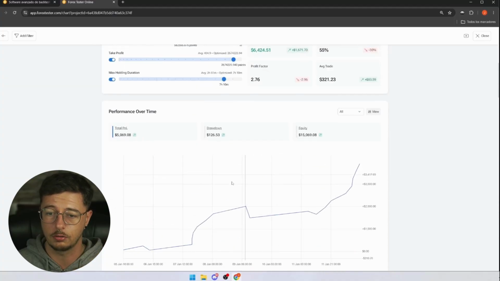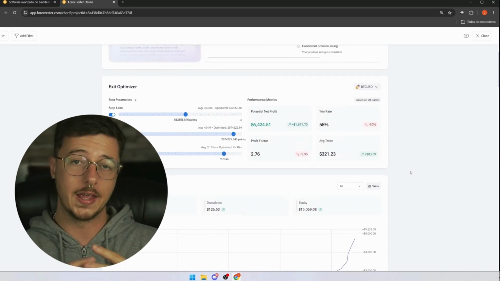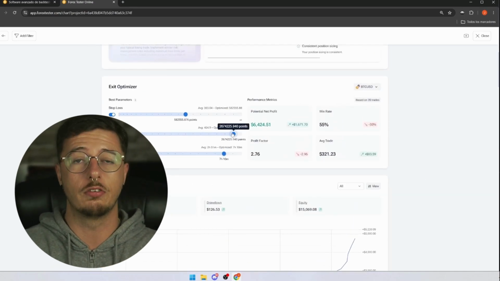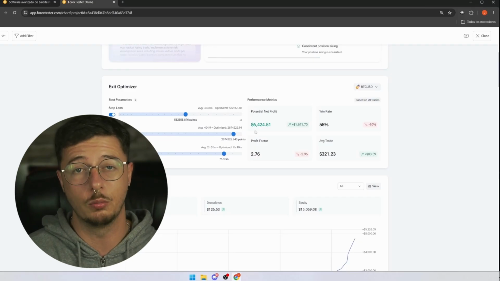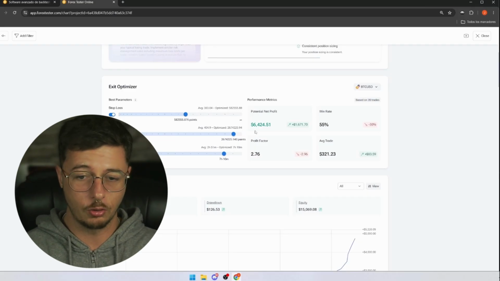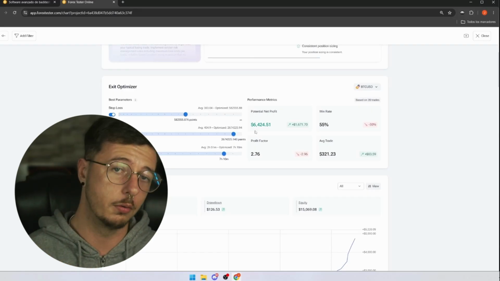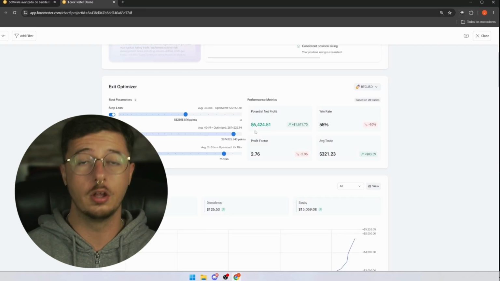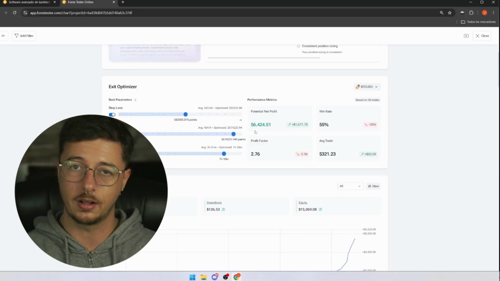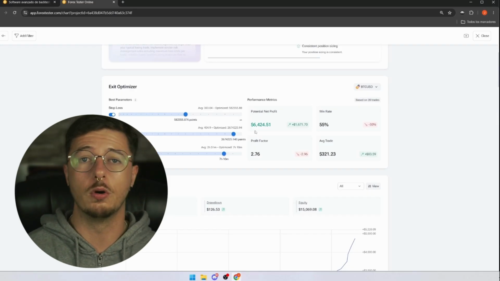And obviously we could come back to Exit Optimizer and we could even make things better. But obviously here we must be careful because we could enter into overfitting. So when you optimize any trading strategy, what you've got to do is basically exactly what I did: do a back test, see how it performs, come to the Exit Optimizer, see what optimization we can get, and if it's better, test it out. If it works exactly or better as we've seen in the Exit Optimizer, then we need to do a forward test.